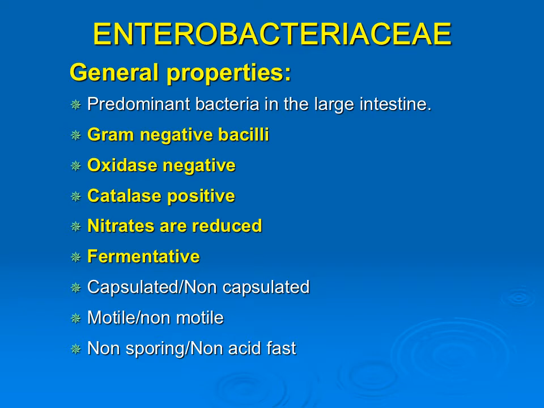This fermentation property is attributed to the carbohydrate lactose. So we can elaborate them as some are lactose fermenters, some are non-lactose fermenters, and I will introduce another term called late lactose fermenters, which can ferment the sugar lactose very slowly.